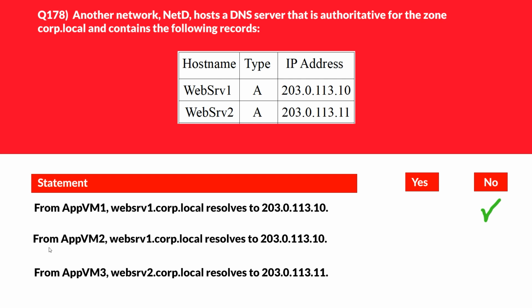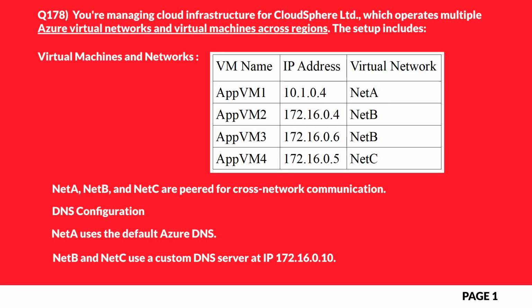Statement 2 says from app VM2, web server 1 corp local resolves to this IP. So app VM2 is in virtual net B. And where is vnet B?